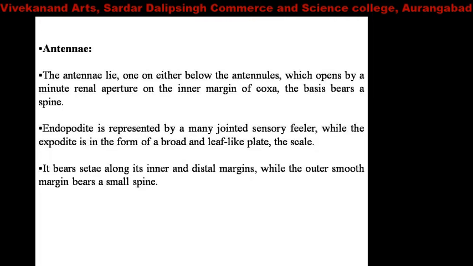What is below it? A spine-like structure is present. Endopodite is represented by a many jointed sensory feeler, while the exopodite is in the form of a broad and leaf-like plate or scale. It bears setae along its inner and distal margins, while the outer smooth margin bears a small spine.